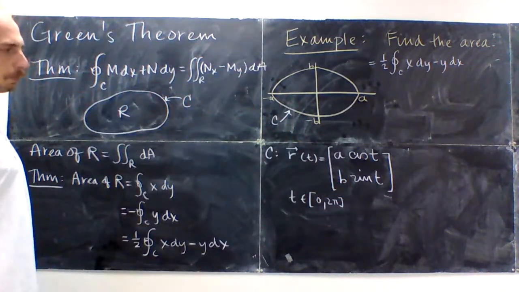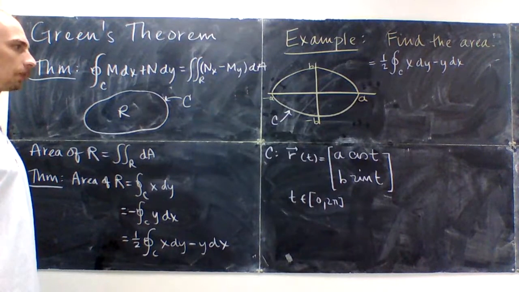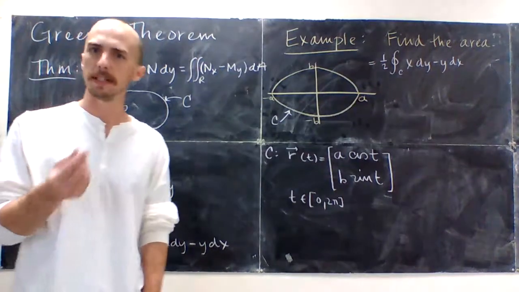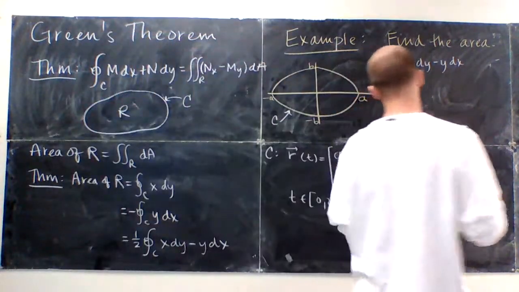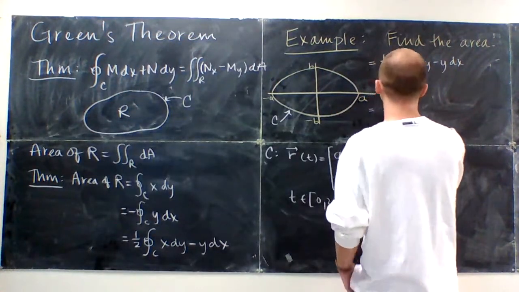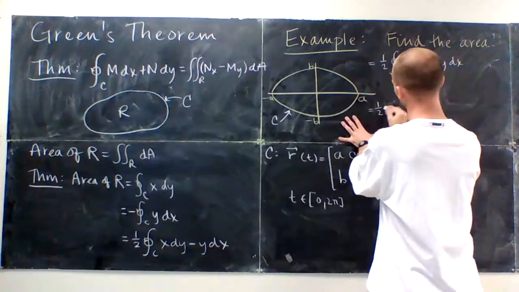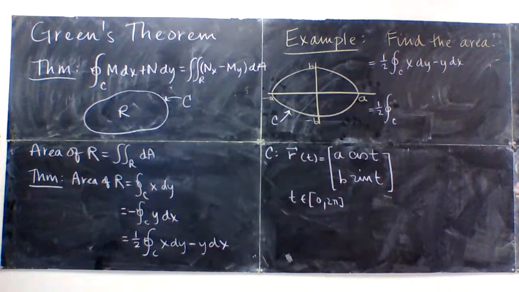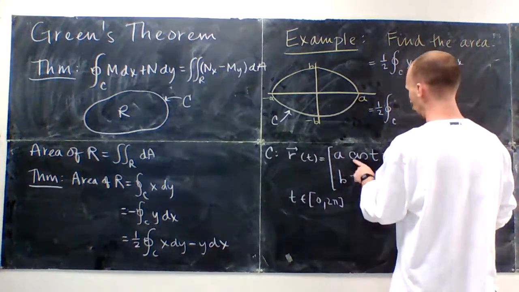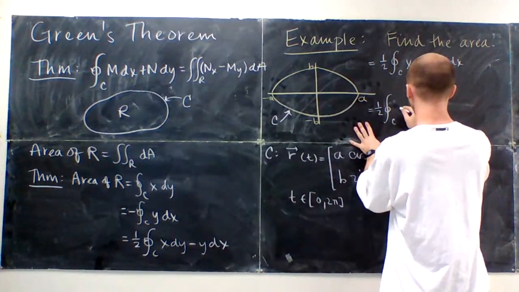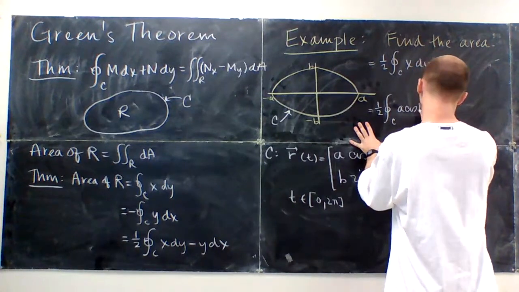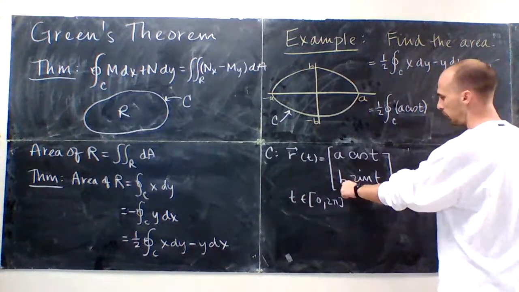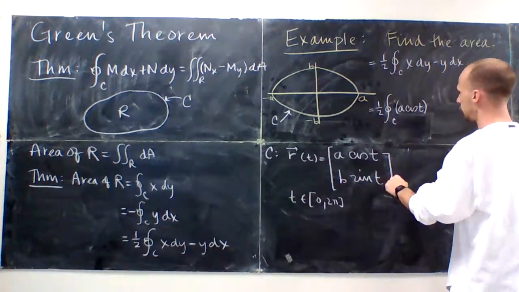So now I think I've got pretty much what I need, right? I've got x is a cosine t, dy is going to be y prime of t dt, and I think we can just do all that in one go. So this is equal to half of the integral over C of x is a cosine t, dy is going to be b cosine t dt.